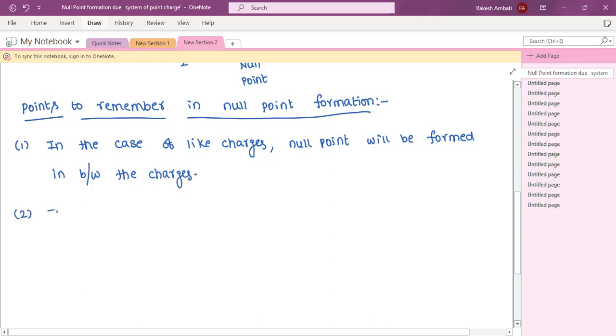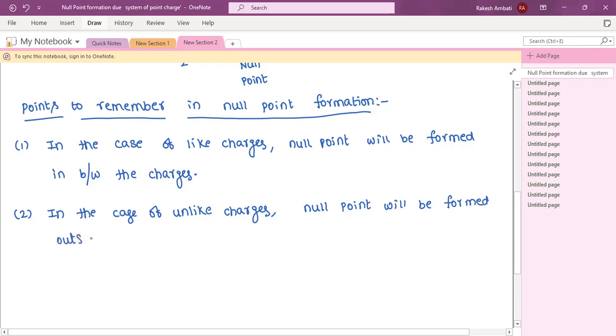The second point, in the case of unlike charges, null point will be formed outside the charges.